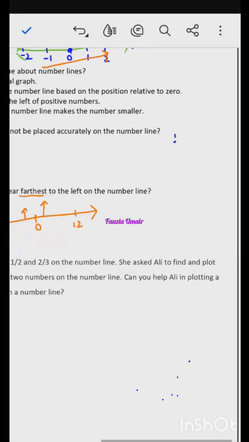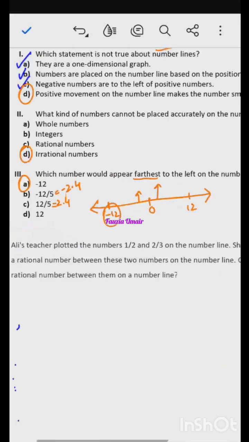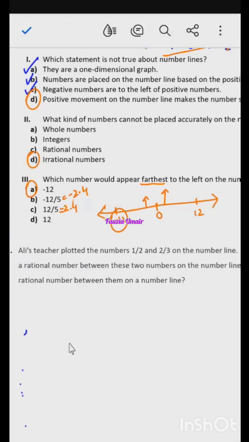So for example, if I plot what the teacher has already plotted, 1 by 2 and 2 by 3 is between which two whole numbers? Anyone?